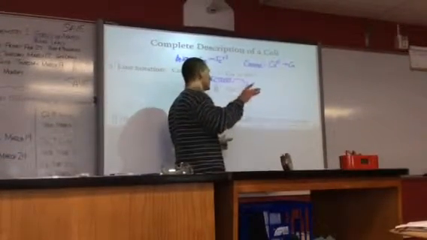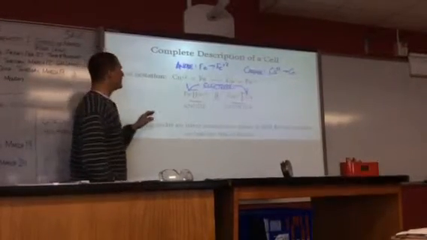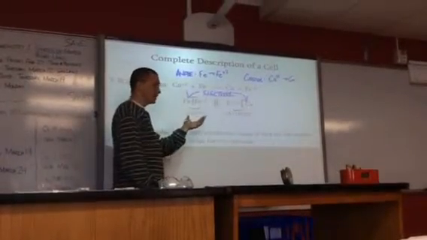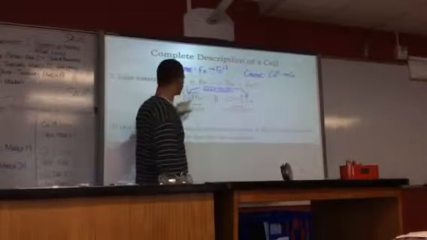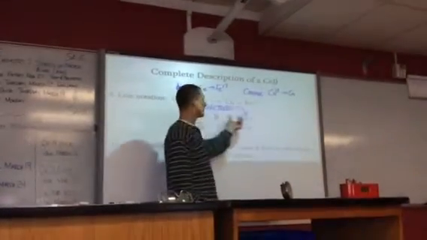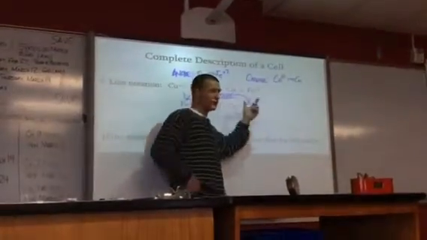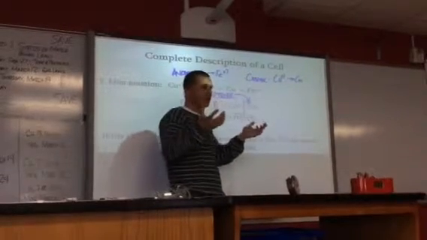But let me just show you a little bit more about line notation. Be aware that if the electrode has to be some inert conductor like platinum, then you're going to put it either right here if it's in the anode or right here if it's in the cathode. Sometimes you need platinum both here and here. If you have all aqueous things reacting in both compartments, then you're going to have both platinum electrodes.